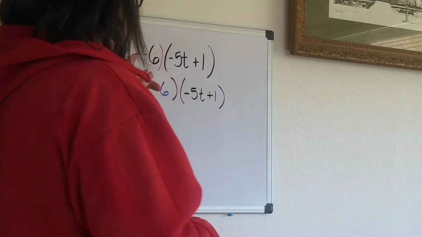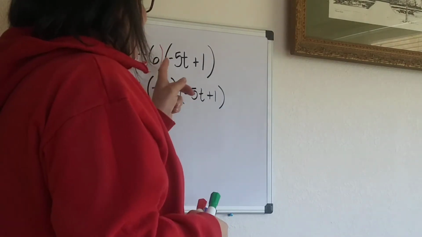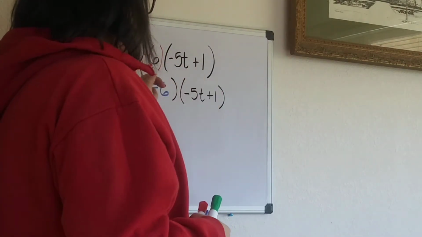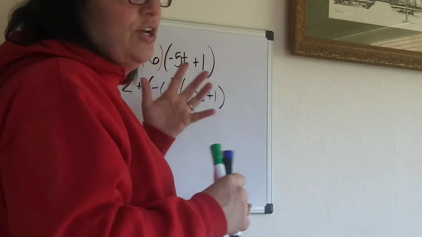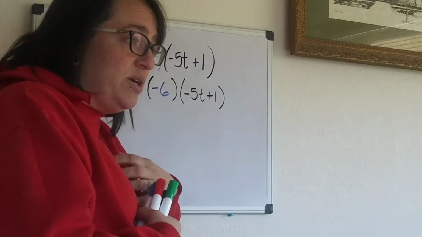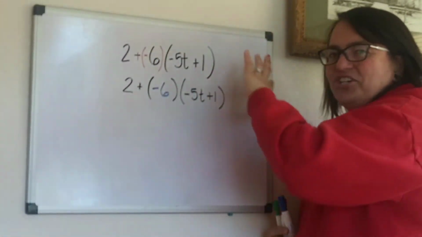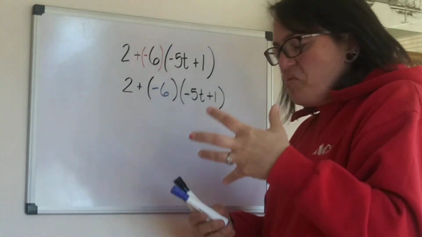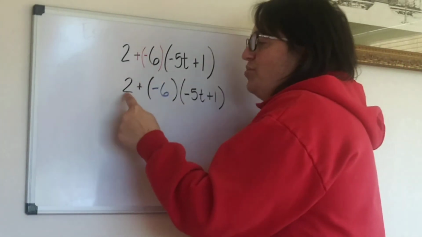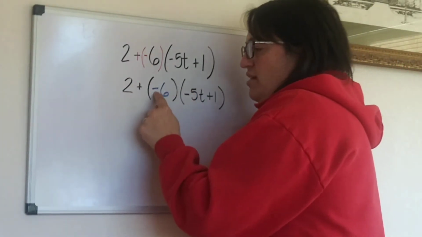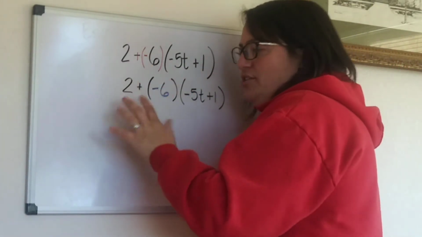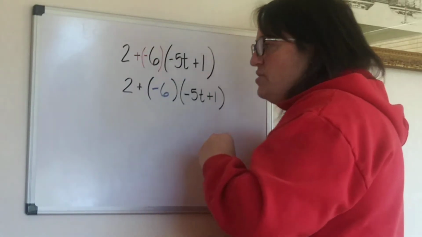Because then I think, okay, 6 times 1 is positive, and then I still have to subtract. For some reason it's harder for me personally to keep track of negatives and subtraction at the same time because the symbols are so the same. So if you can turn it into all addition but just with negatives, now that's not subtraction, you just have addition and you have negatives to mess with.